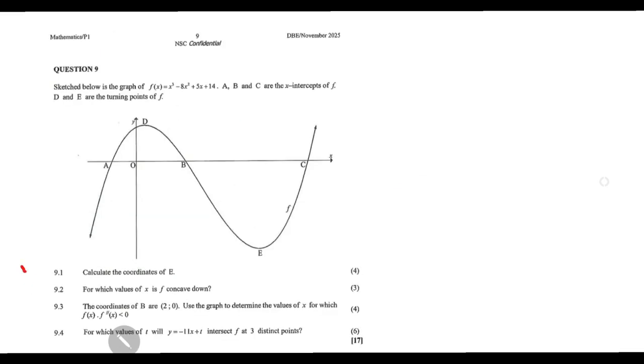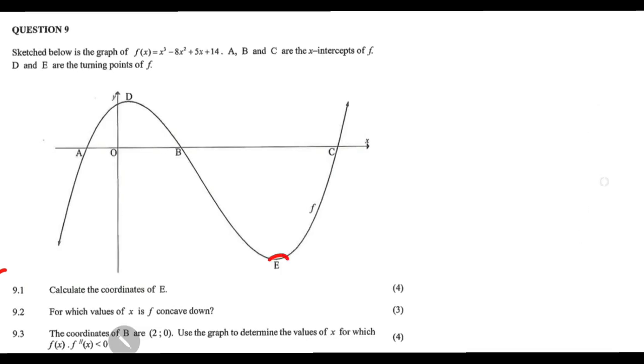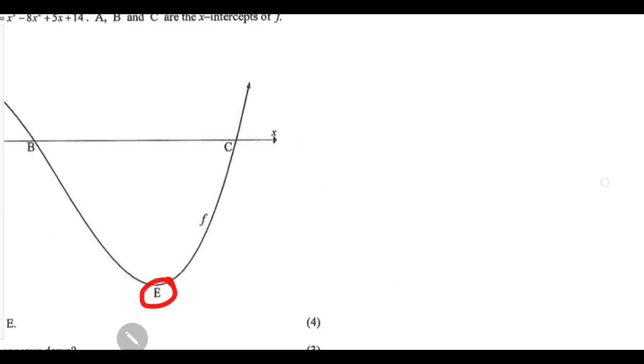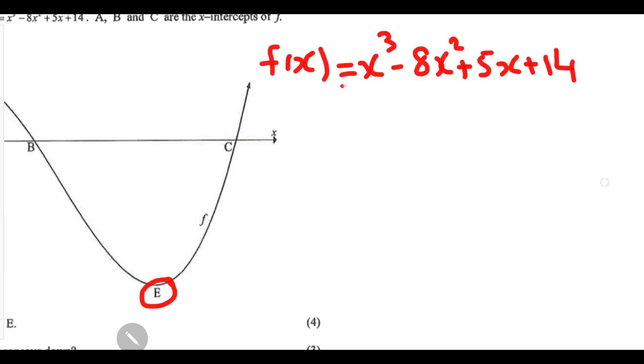This is the information of the sketch. The first question, 9.1, says calculate the coordinates of E. So here we are looking for the coordinates of E, a turning point of f. First of all, find the first derivative of the function. The turning points of f(x) occur where the first derivative is equal to 0. Now the function is f(x) = x^3 - 8x^2 + 5x + 14.